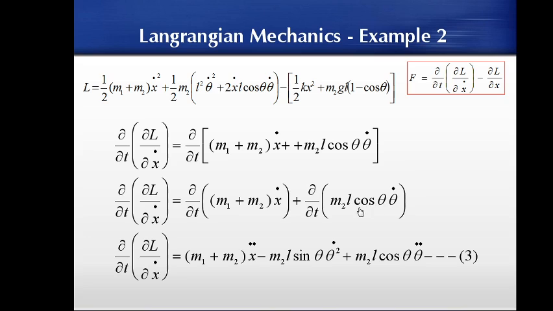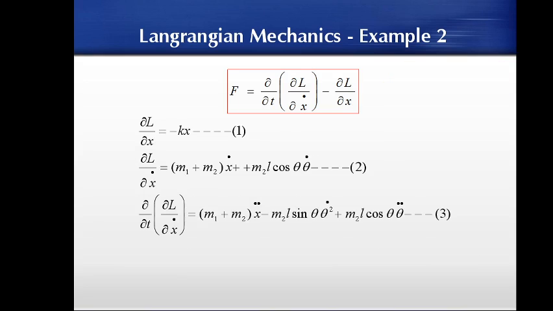So we need to differentiate sin theta, minus sin theta into d theta by dt, so that d theta by dt can be defined as theta dot. So on deriving this, this is v and this is u. Okay, so minus sin theta into theta dot, so that comes theta dot square. Okay, plus m2 into u, that is cos theta, into derivative of v, that is derivative of theta dot, which is equal to theta double dot. So that is equation number 3.